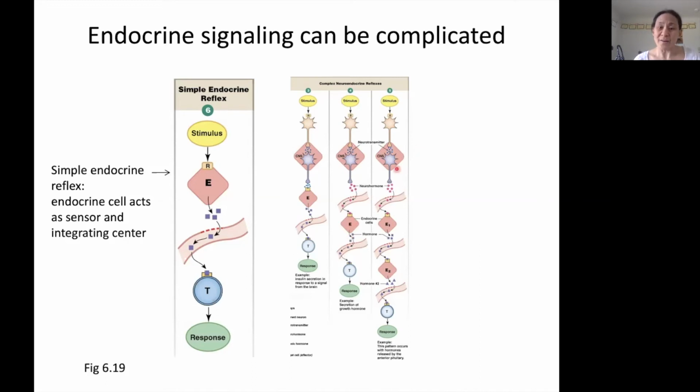Here we've got the central nervous system, the brain or the spinal cord, releasing this molecule called a neurohormone into the bloodstream. That hormone then reaches an endocrine gland, which then releases a hormone into the bloodstream. That hormone then reaches another endocrine gland, which then releases another hormone into the bloodstream. So it can be kind of complicated like this.